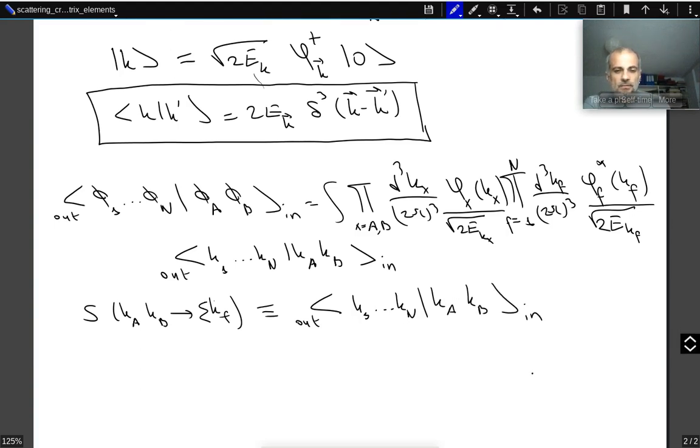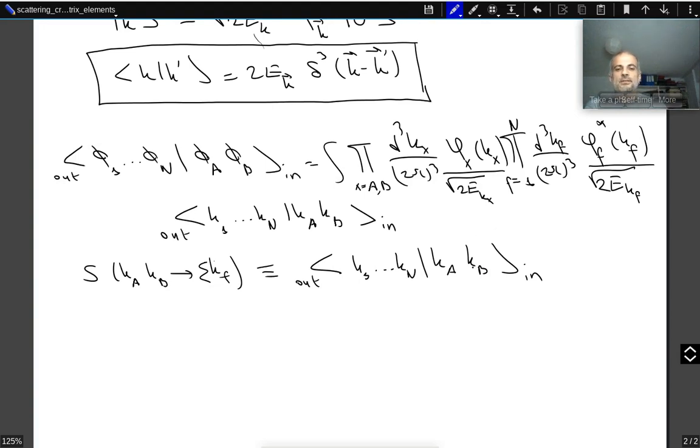Now you see, whenever you are scattering, let's say, two particles, as in this case, it is possible that those two particles can miss each other, and in that case, the out state will be just exactly equal to the in state Ka, Kb. And that is not what we are actually interested in. What we are interested in is actual scattering processes.